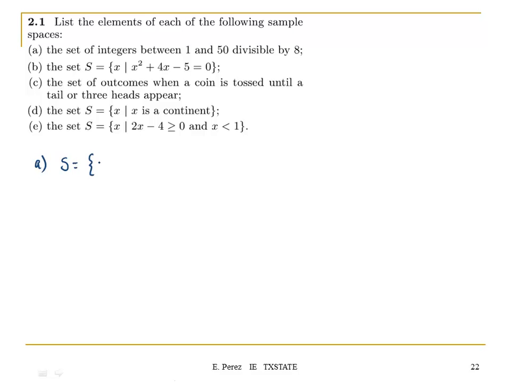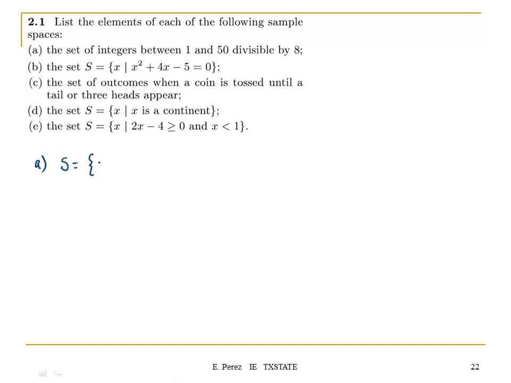Okay, what will be the sample space for letter A? The set of integers between 1 and 50 that are divisible by 8. So we know that we're going to have numbers from 1 to 50, but we're only going to list those that are divisible by 8.